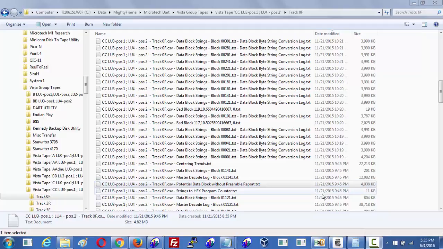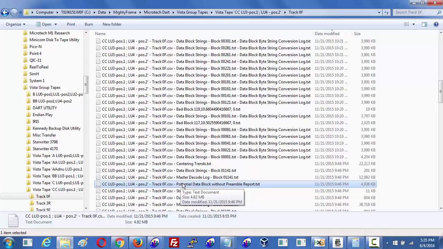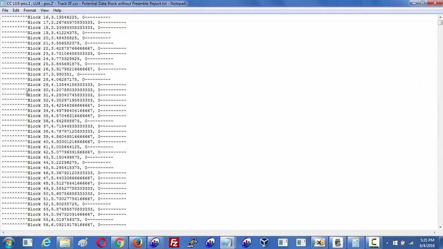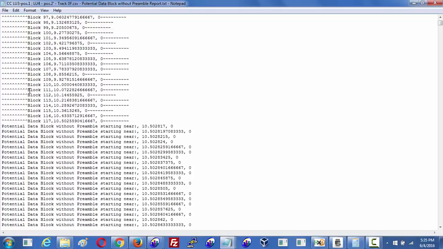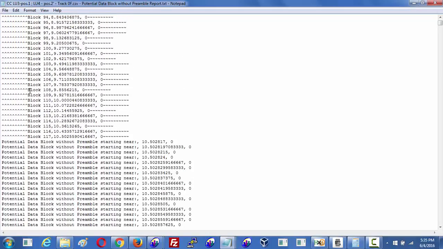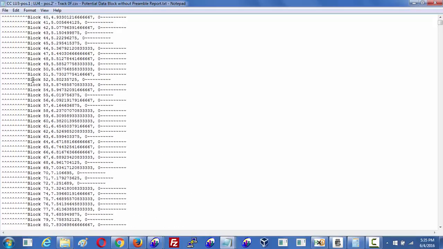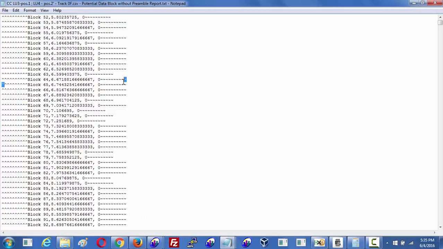Incidentally, I think I had already identified that missing block, because in this Kennedy format, one of my programs spits out a report called the Potential Data Block Without Preamble report. And all that does is it basically gives me the block addresses of every known block that is good.